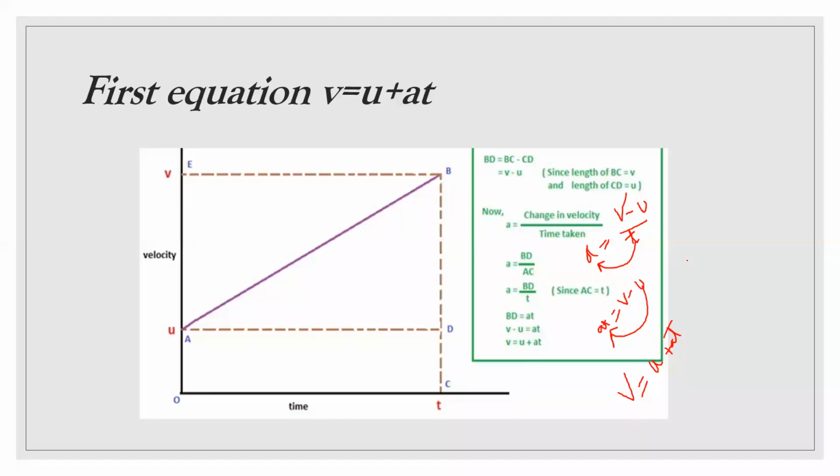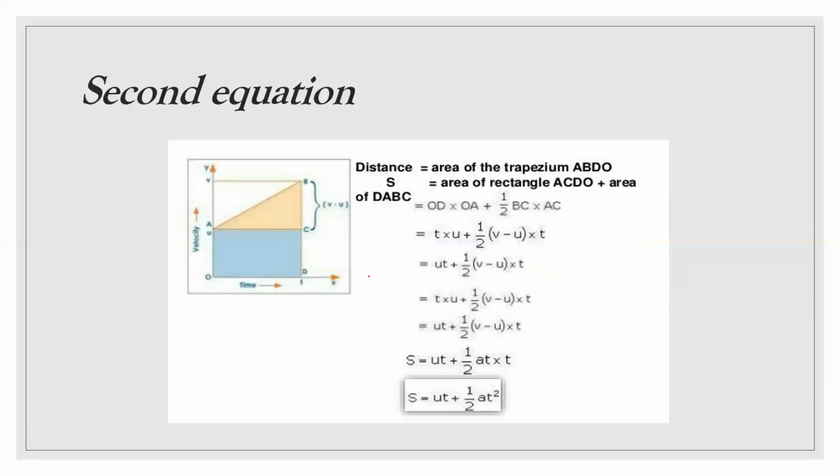Okay. Now the second derivation. The same graph we will use for deriving the second equation. So we know that the under area of velocity time graph is what? Displacement. Displacement is equal to the under area of velocity time graph.